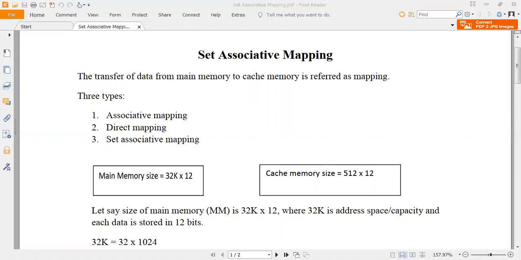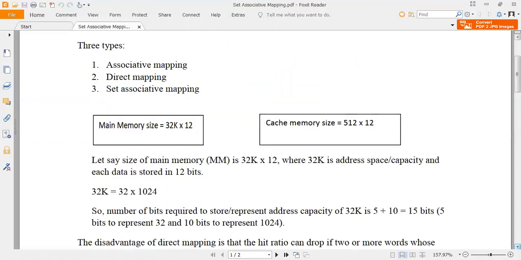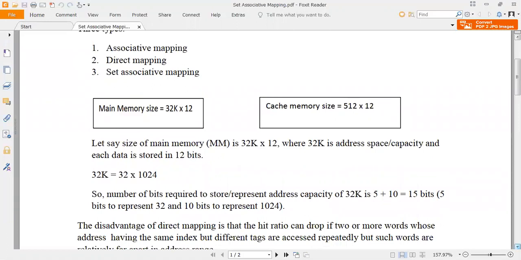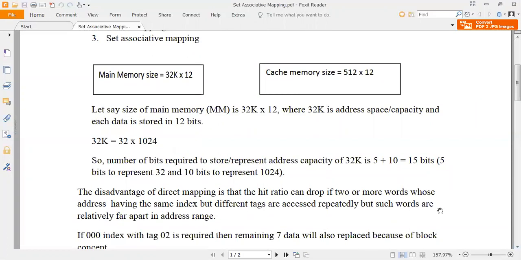So let's discuss set associative mapping. Before going to that, I have given the same example that we have discussed for associative and direct mapping. The size of the main memory is 3K into 12 and the cache memory size is 512 into 12. So I have taken the scenario of 12 data bits for the cache memory, and the same for the main memory.